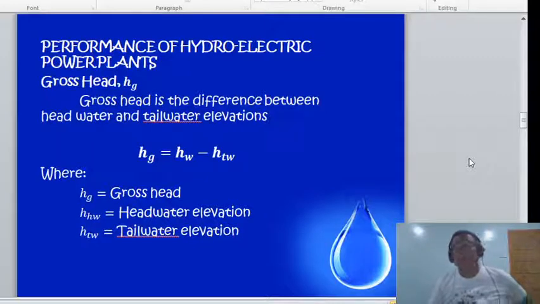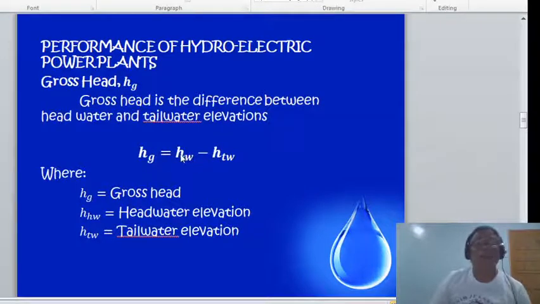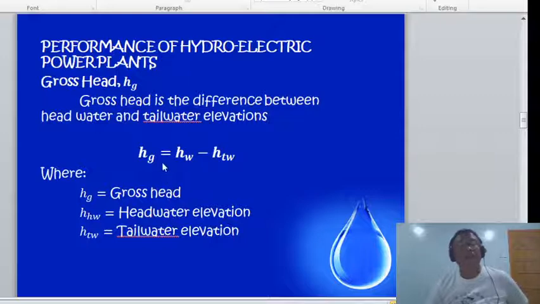Let us now go to the performance of hydroelectric power plants. First, we determine the gross head. Gross head is the difference between the headwater and the tail water elevation, or HG equals headwater minus tail water.